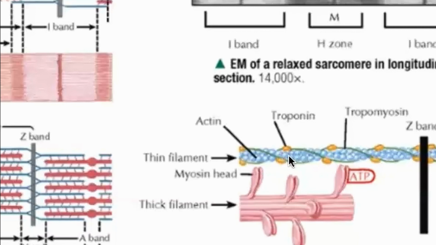And in order for that to happen, this tropomyosin will have to be removed, and this requires ATP. That's what this is saying. The myosin head will then bind to the myosin binding region on the actin, and then it pulls it.